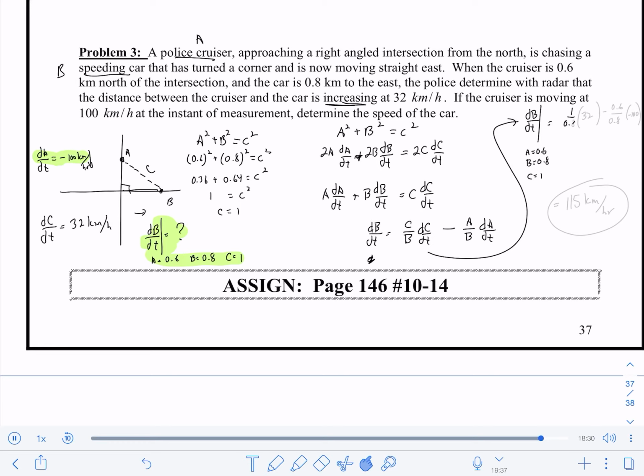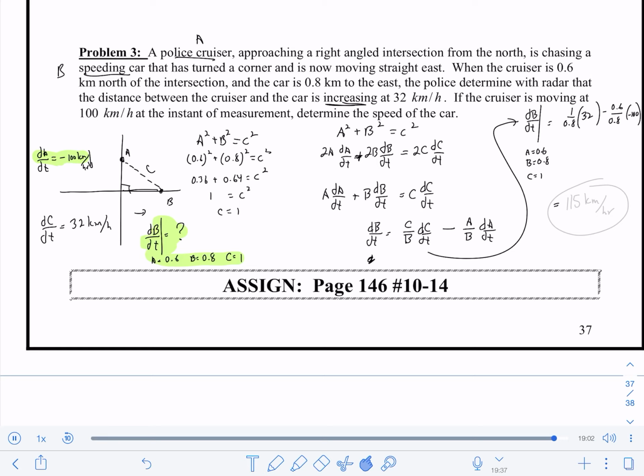1 over 0.8, and we've got 32, minus A over B, so 0.6 over 0.8, and there's negative 100.